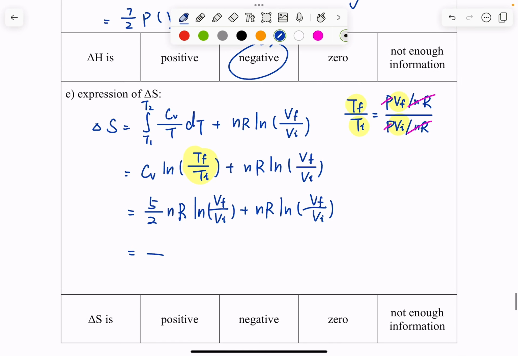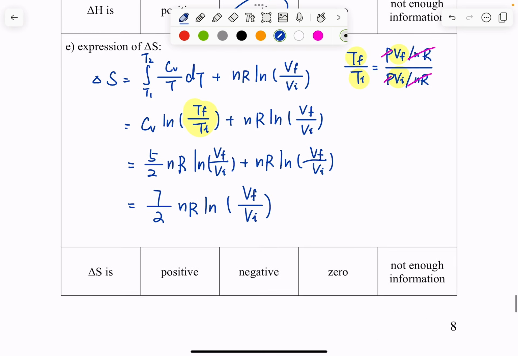We get our final result as 7 over 2 nR log V final over V initial. Now in this case, thinking about this number here, V final is smaller than V initial, so this logarithm is a negative number. And my delta S is thus a negative number.